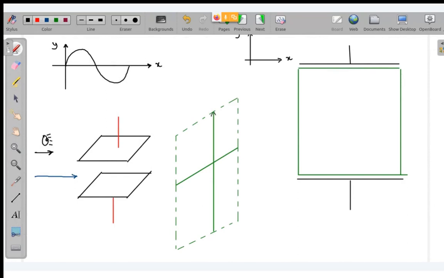In this screen, basically this is the same screen that I have drawn. Tell me, are you able to see that this is the y-axis, this is the x-axis? Please tell me. So this is the same screen.